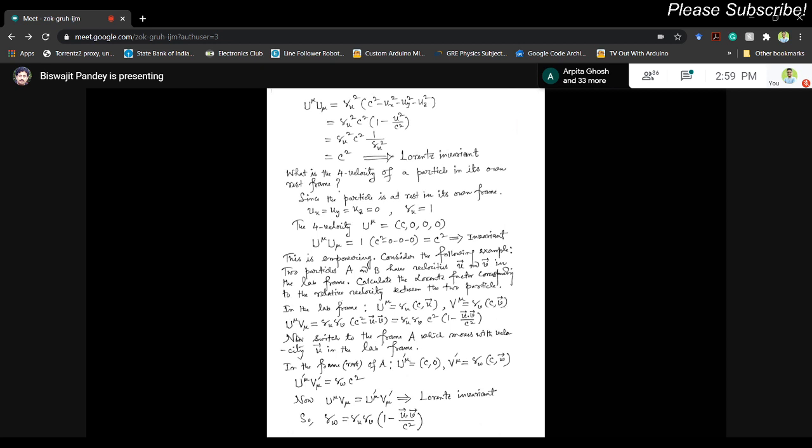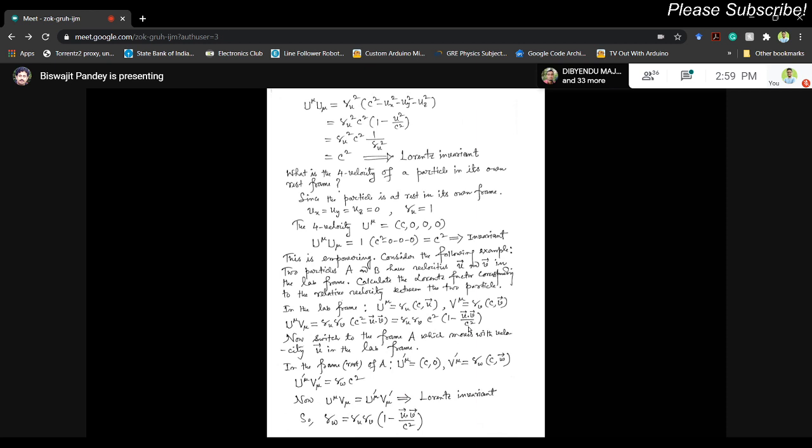And if I take a dot product or scalar product u mu v mu, with this mu on the lower side I will have to put a minus sign in the space component, minus v. So gamma u gamma v times c square minus u dot v. And if I take c square outside, it becomes gamma u gamma v c square into 1 minus u dot v by c square.